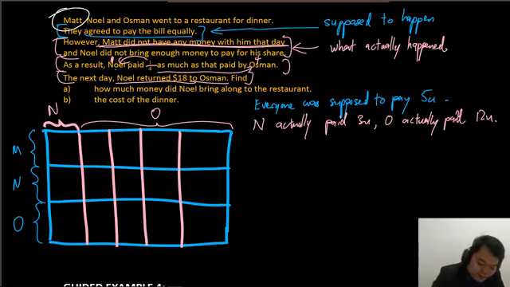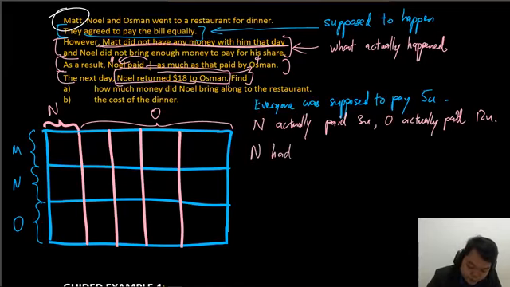So, when they say that Noel returned $18 to Osman, what does this mean? This means that Noel had to borrow. Noel was short of two units.